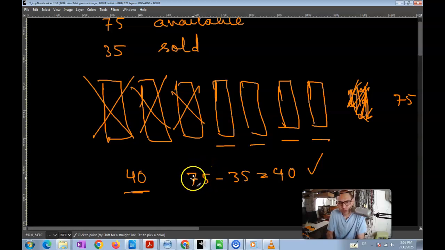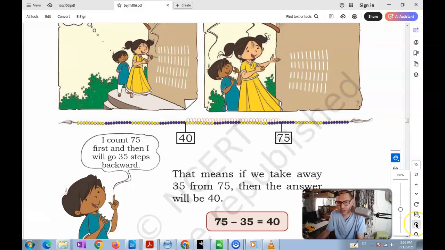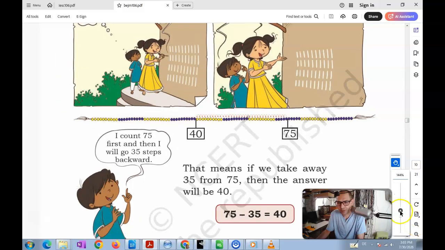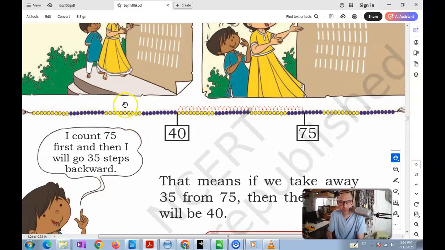Now you can do the same thing. If you prefer to do it this way, you can do it this way, or if you prefer to use the Ginladi, you can use the Ginladi as well. Meaning that we have 75, so that's 10, 20, 30, 40, 50, 60, 70, and 5.